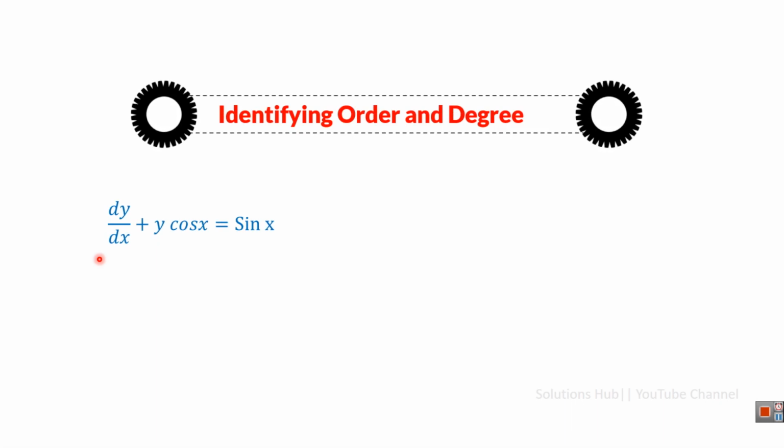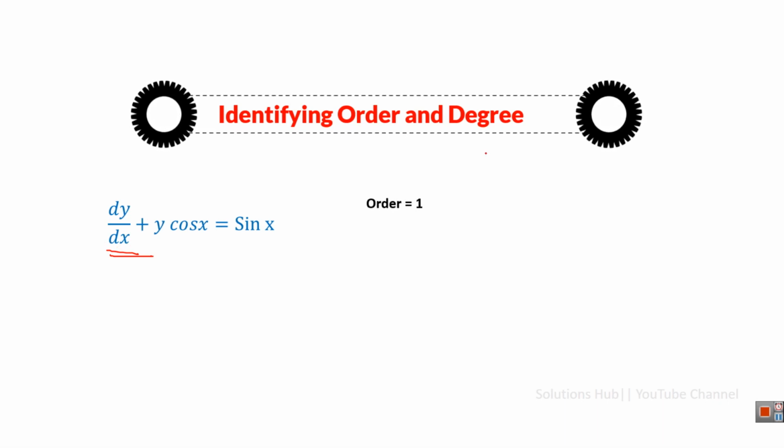In this ordinary differential equation, the highest order derivative involved is only a simple first derivative of some variable y with respect to some variable x. x is called the independent variable, y is the dependent variable. So the order of this differential equation will be 1, as it is the only first order derivative involved here.